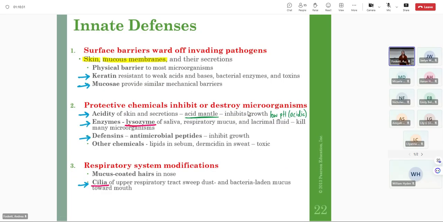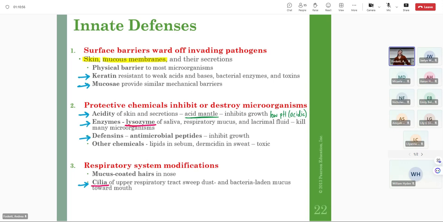So I discussed different surface barriers, like the skin and mucous membranes. Both of these play a role in providing a barrier, and also all the different secretions from these two barriers. The physical barrier is the integument. Remember how the epidermis has these specialized cells? The stratum corneum layer, the outermost layer of the epidermis, is made of very modified cells.